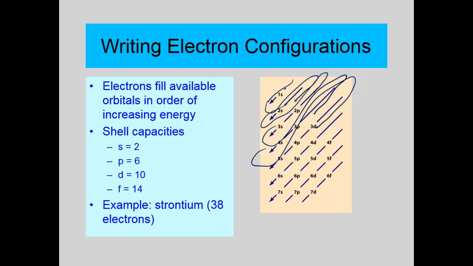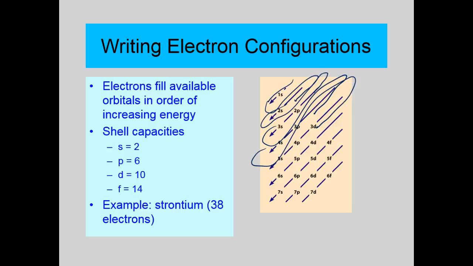Then 4p. Okay, let's do it. 2, 4, and 6 is 10, 12, and 6 is 18, 20. 10 would be 30. 6 more would be 36. 38.